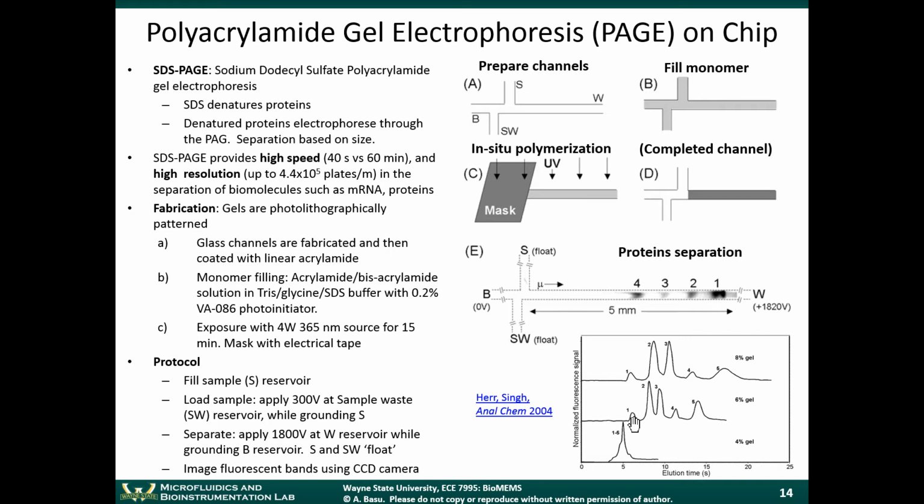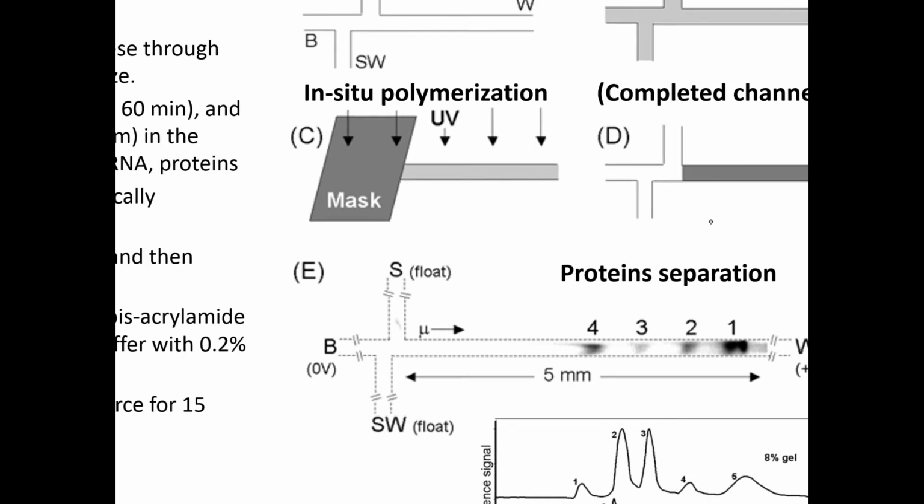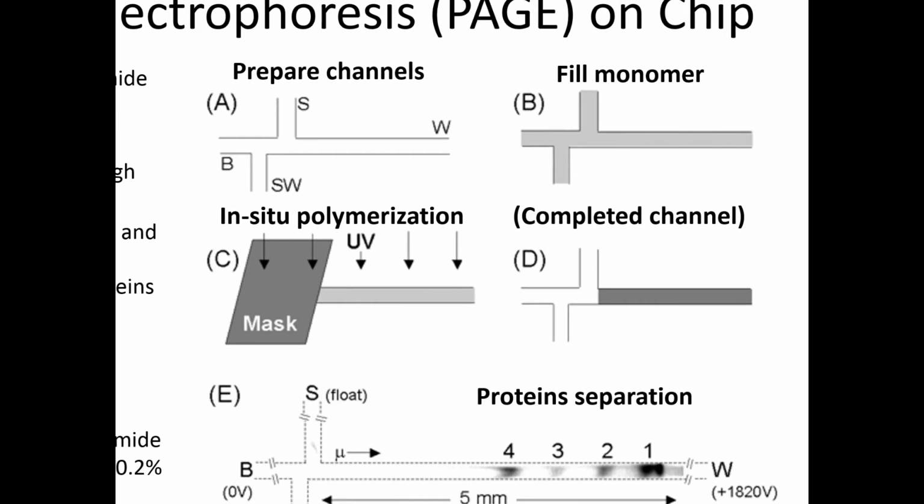So the way that they do gel electrophoresis on chip, at least in this particular paper, was to prepare the channels first and fill the channel with a monomer solution.